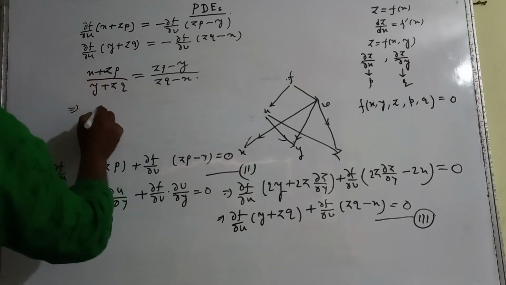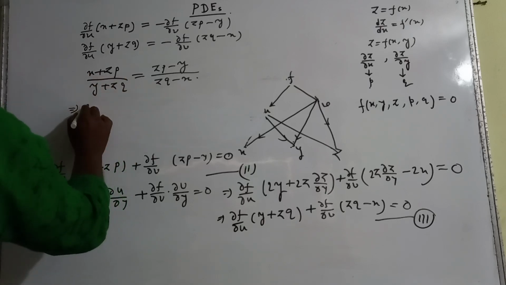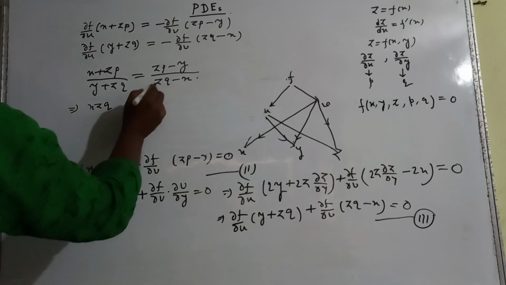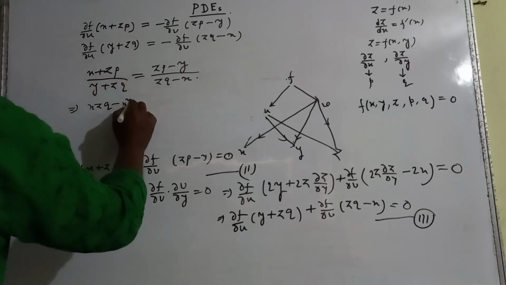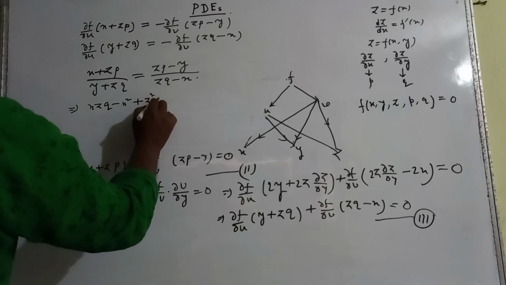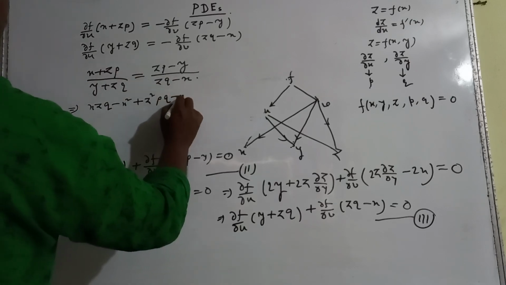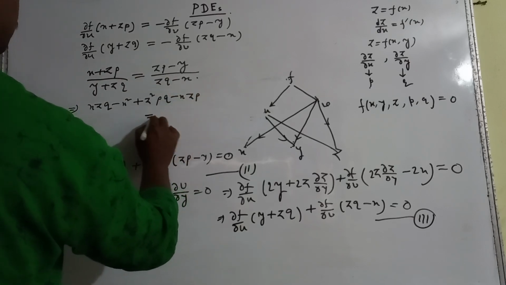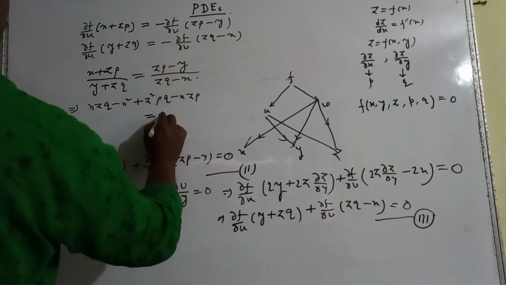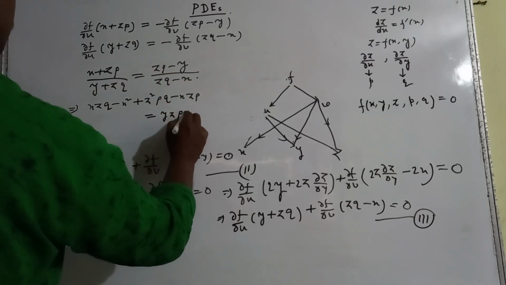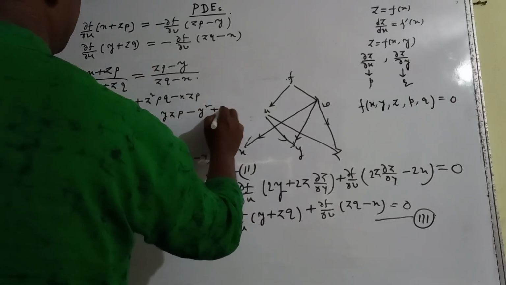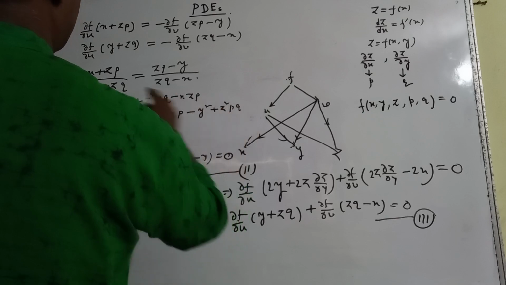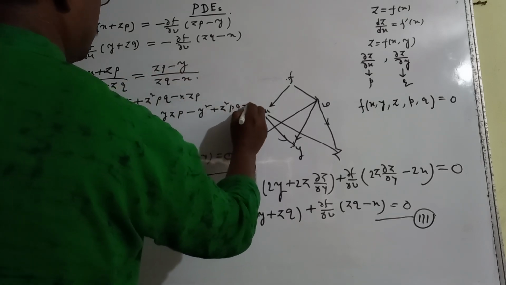If we multiply, it will be xzq minus x square plus z square pq minus xzp equal to yzp minus y square plus z square pq minus yzq.